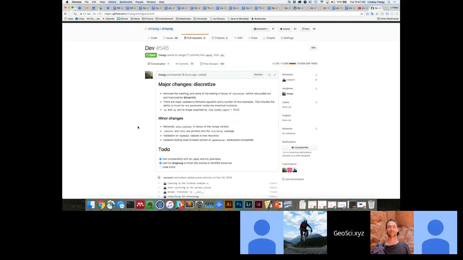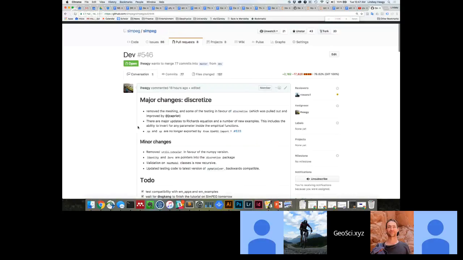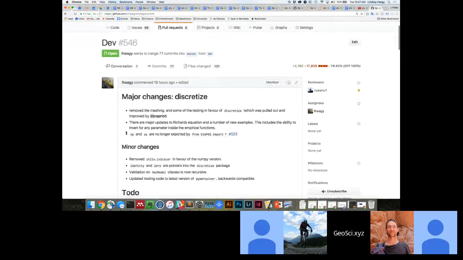And then there's one other thing: NumPy and SciPy sparse are no longer being exported by the SimPEG import star. So if you're relying on those, you'll have to add two other imports at the top of various functions.